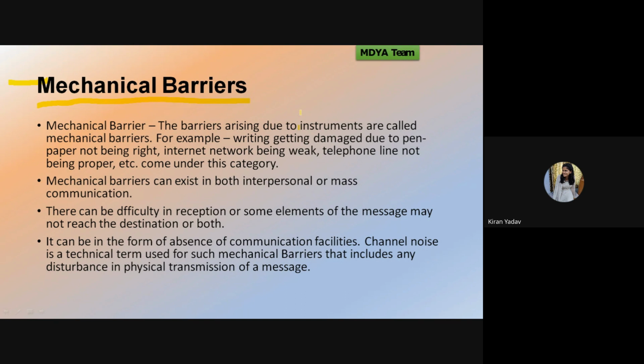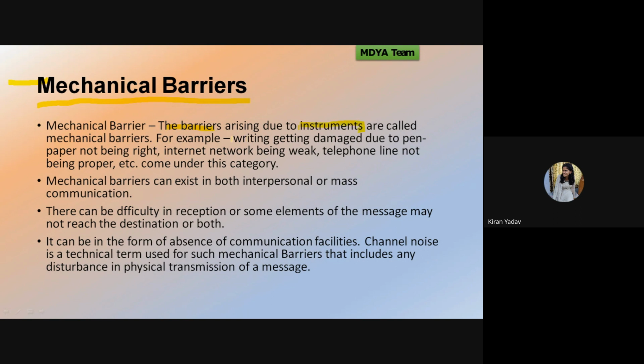If some instrument or equipment is not working properly, or there is some technological issue, signal problem or glitch, all these come in mechanical barrier. The barrier arising due to instruments is called mechanical barrier.